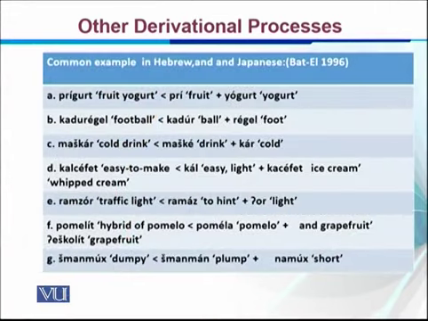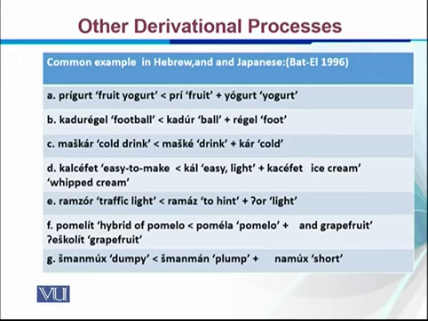So, for example, let's look at some common examples in Hebrew and also in Japanese, because this process is very common in Japanese as well. Pregurt is a word we get from fruit and yogurt. Kadurigal means football, from kadur, ball, and regal, foot. Musker means cold drink.